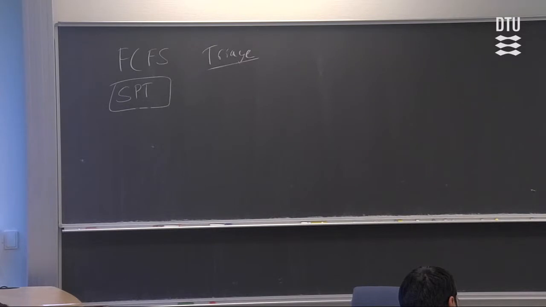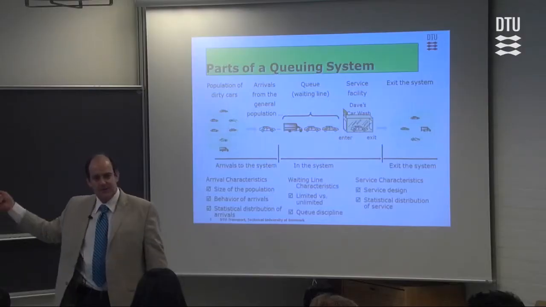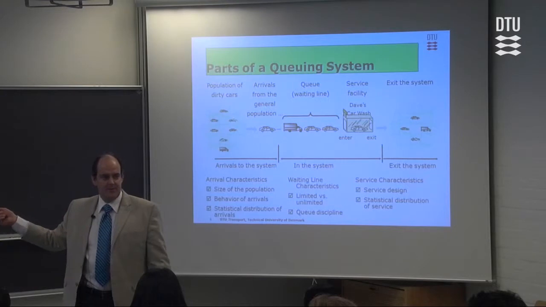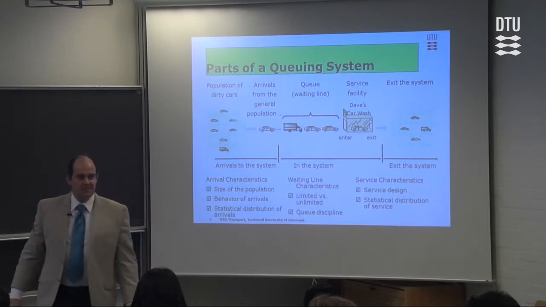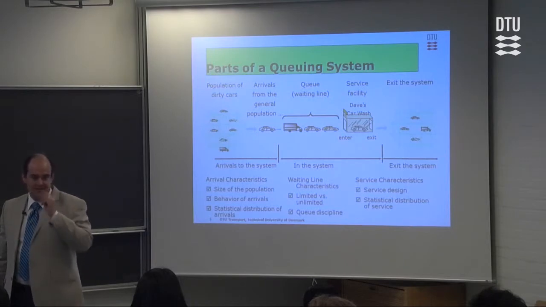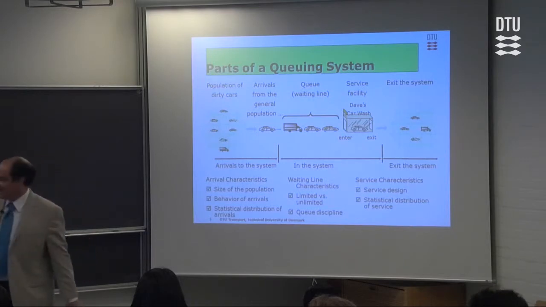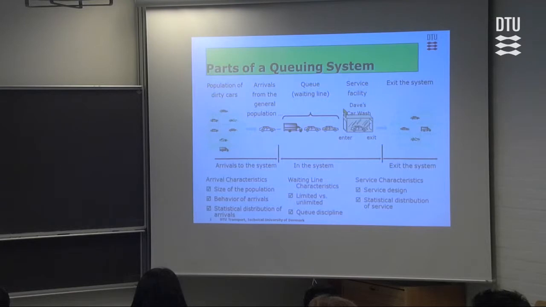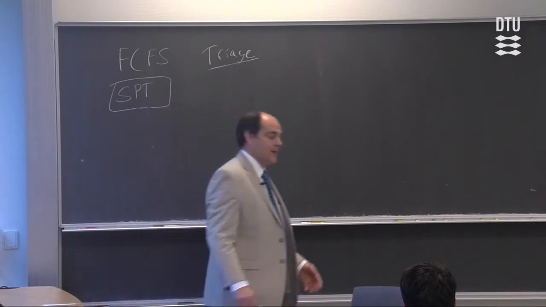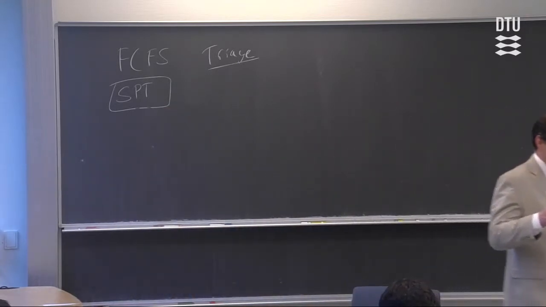Now, is that a French word? I don't know what it means literally in French. Tri means 3. So what does the age mean? It means dispatching. 3-way dispatching? No, just dispatching. It's not related to the number 3. Oh, it's not related to number 3. All right, so that shows how little I know about French. But triage, yes, is a queue discipline. And it doesn't follow a very easily measured thing.